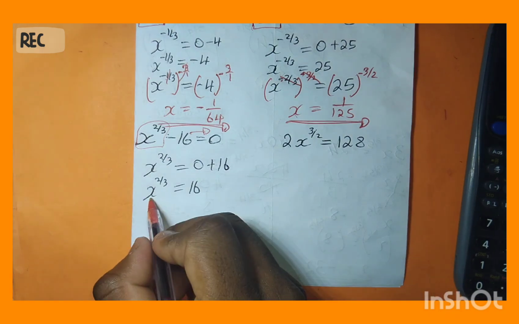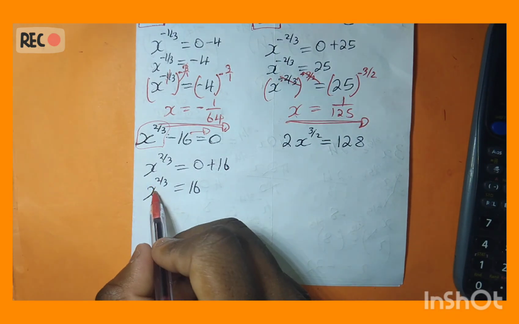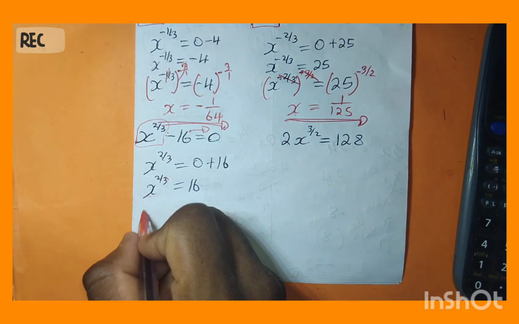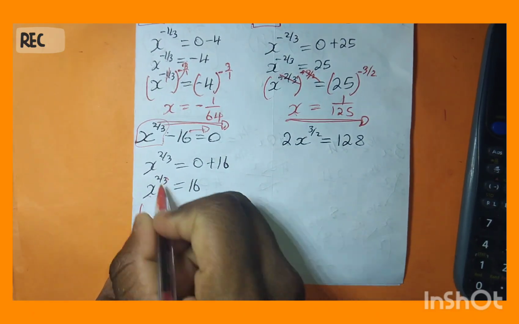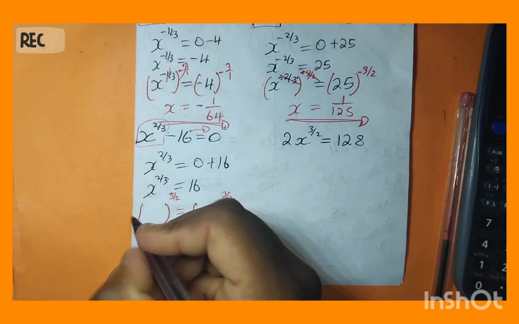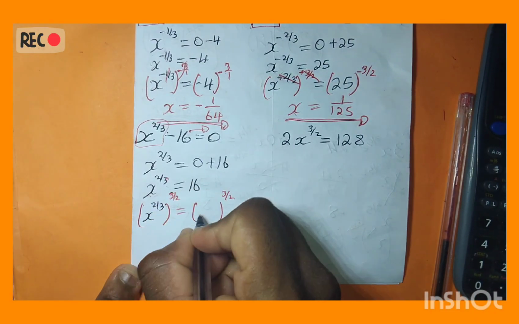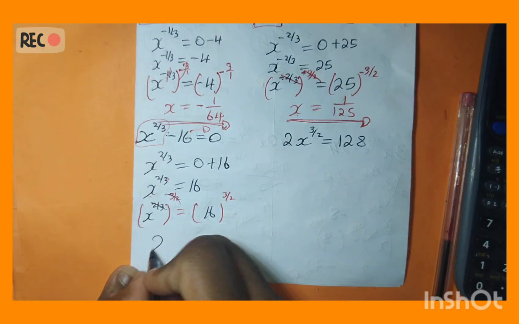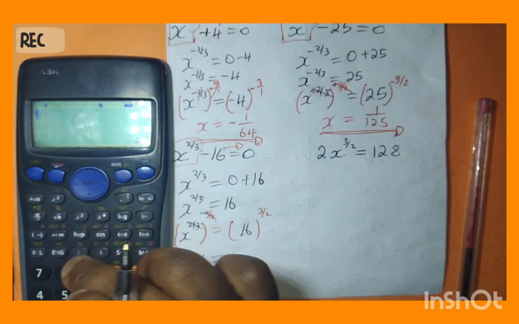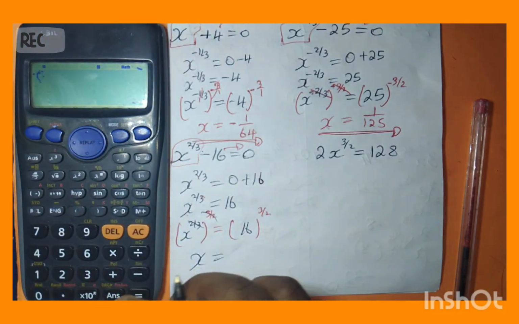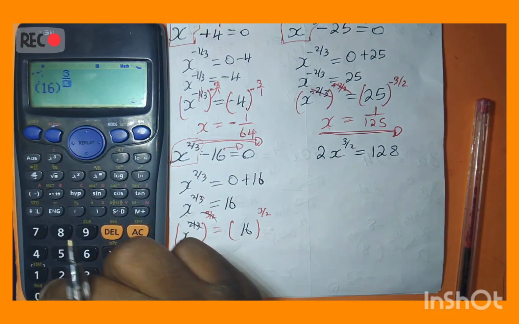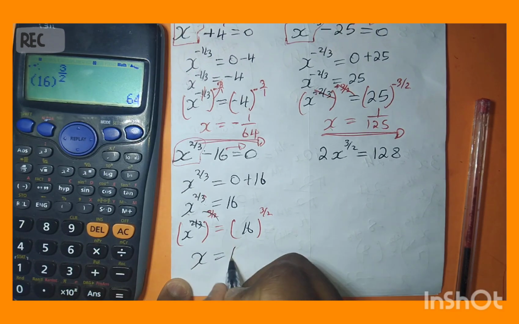And since now this thing is alone, and I got a base which got exponent fraction, I can just take a reciprocal of that on both sides. It's 3 over 2, 3 over 2. And all the other things here, these two things, they cancel. I'm left with x. And now I can just press this down on my calculator, this is how you press it, 16 to the exponent fraction of 2 over 3. Meaning that I'll just get 64.